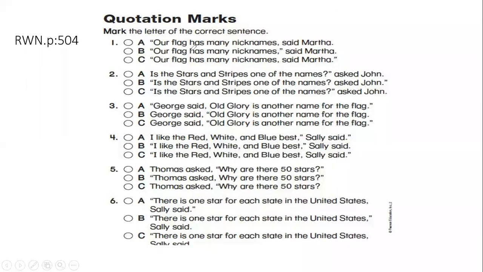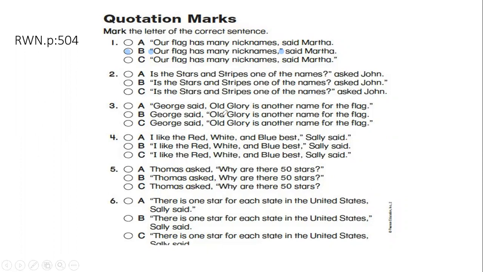Our flag has many nicknames, said Martha. See, the quotation is here and here. Are they correct? Yes, B is correct. Look for the quotation in C. We don't have the beginning quotation. We have here the ending. Is the Stars and Stripes one of the names?